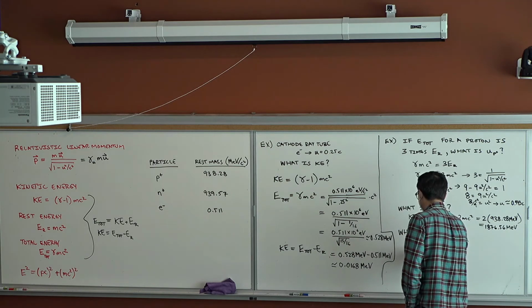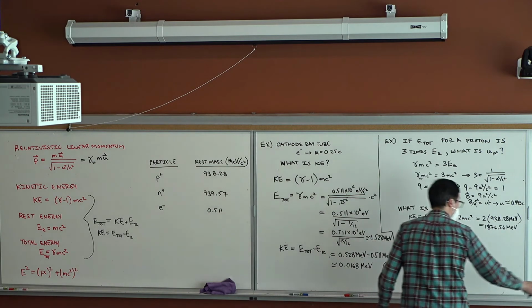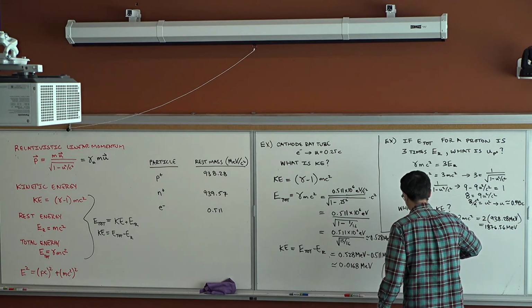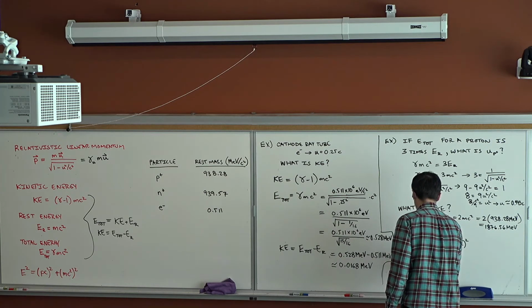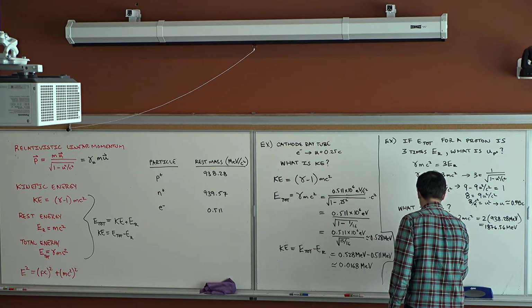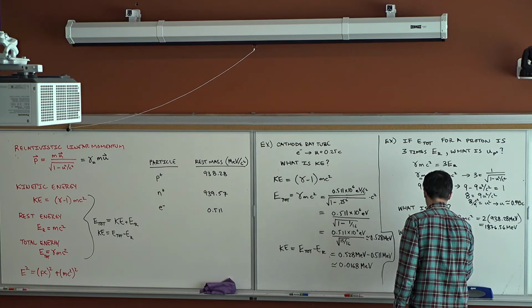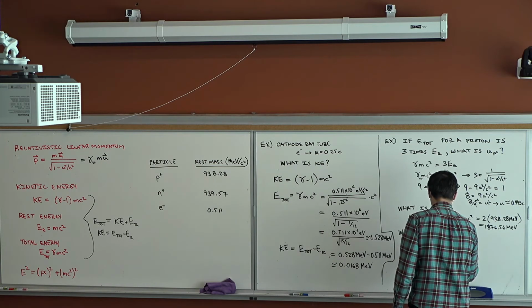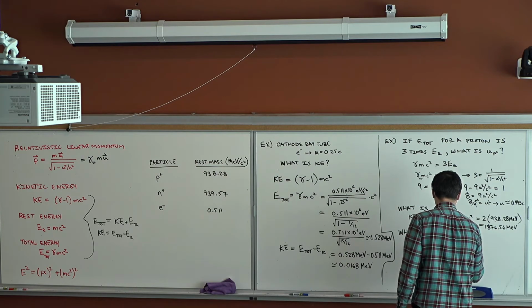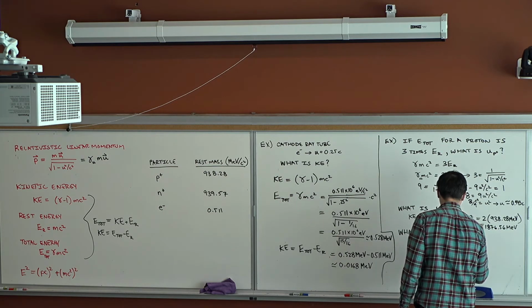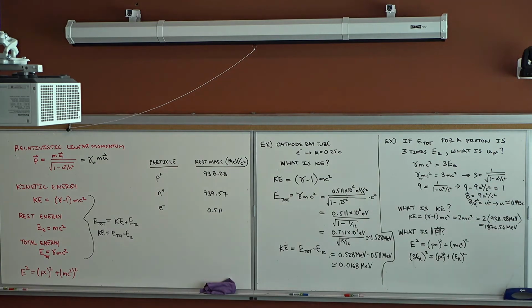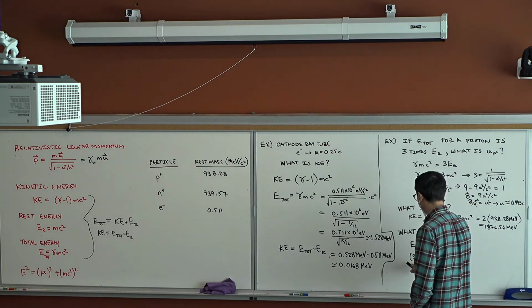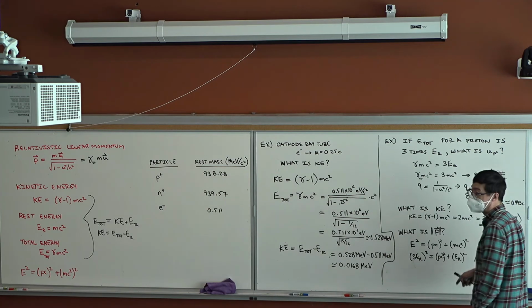So let's say (3 E_R) squared is equal to (PC) squared plus E_R squared, because MC squared is just E_R.